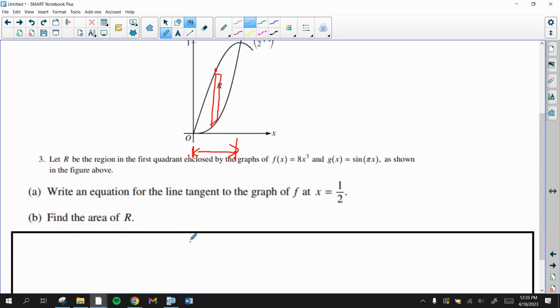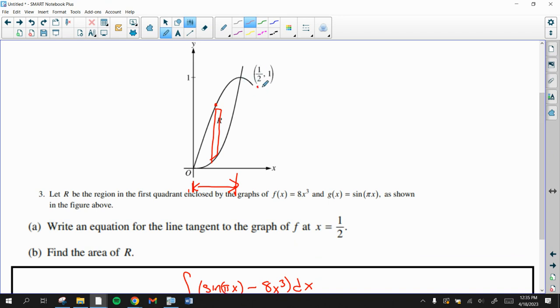So it's the integral of the top graph, which is the sine graph. You know what the sine looks like. The bottom graph is that polynomial graph. And we're going from 0 to this value of x, 1/2.